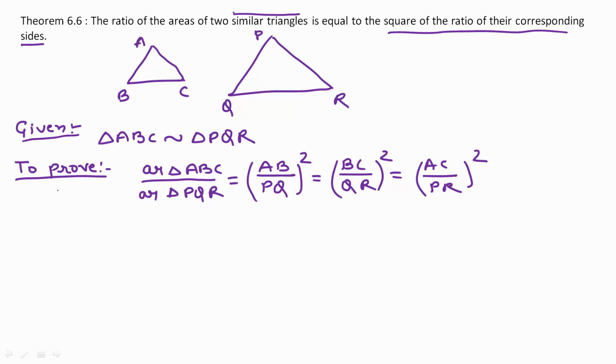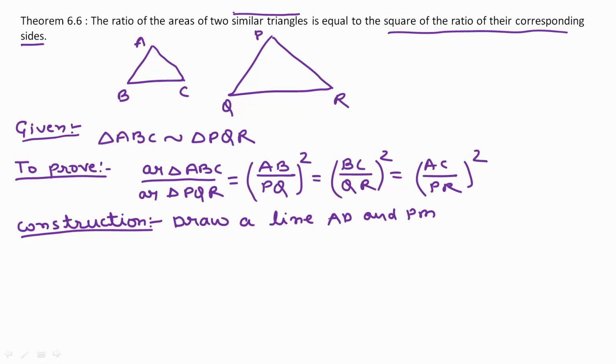So your construction will be: draw the lines AD and PM, perpendicular lines AD and PM on the sides BC and QR respectively.